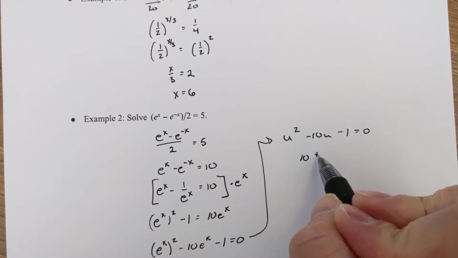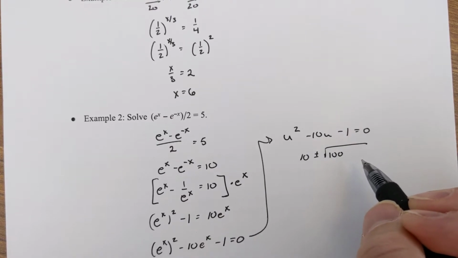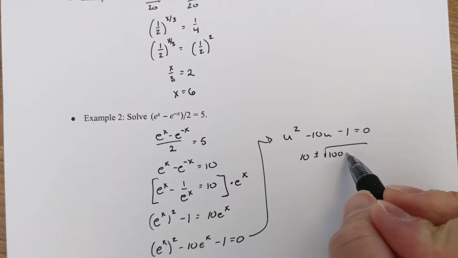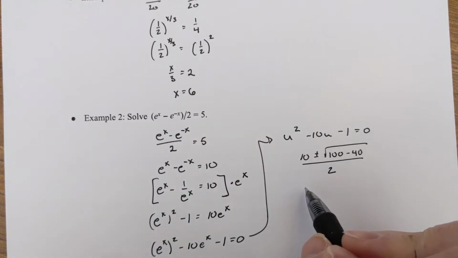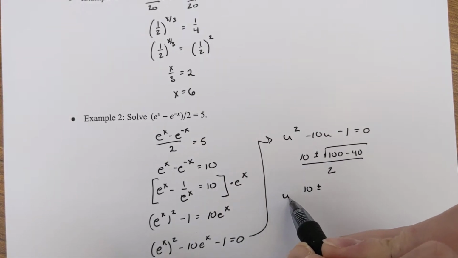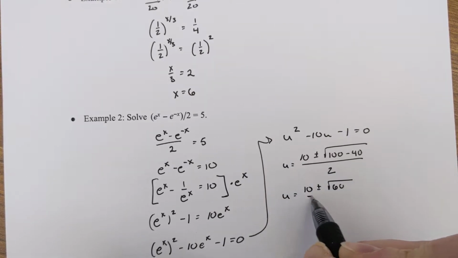So negative b plus or minus the square root of b squared minus 4ac, all over 2a, which is 2. So 10, so u is equal to 10 plus or minus the square root of 60 over 2.